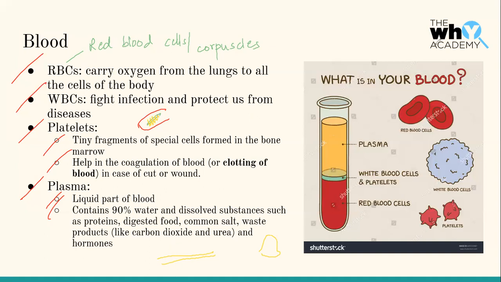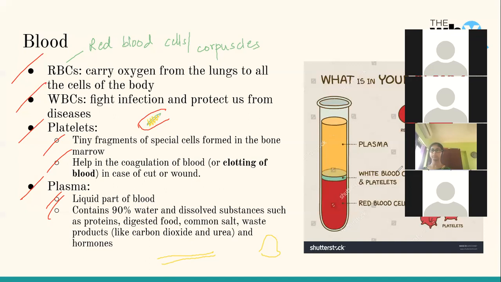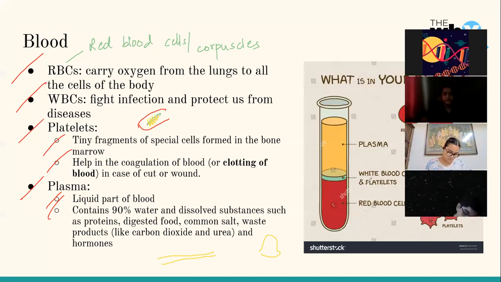Has anybody tried to make paneer on their own, or seen somebody making paneer? When paneer is being made, you boil milk, which is a liquid, and when you add lime or any kind of acid to it, it becomes chunks. Those chunks are what are called coagulants.